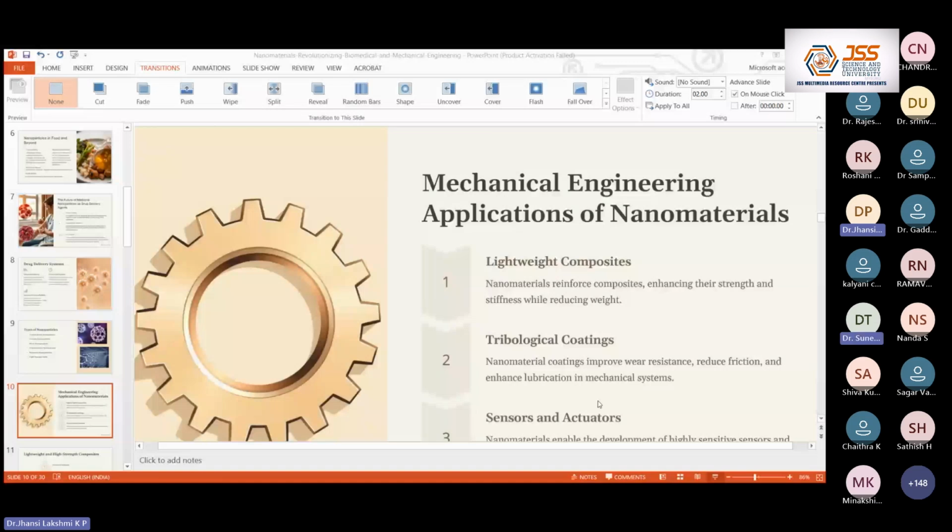These nanoparticles, especially carbon nanotubes, are used in structural elements, even in aircraft and other structures, which will improve fuel efficiency. They also provide improved stiffness. These three advantages are seen in lightweight high-strength composites. Next, tribological coatings and surfaces.